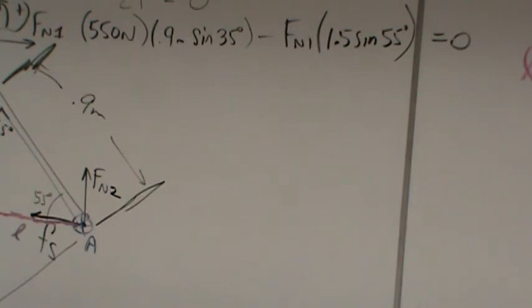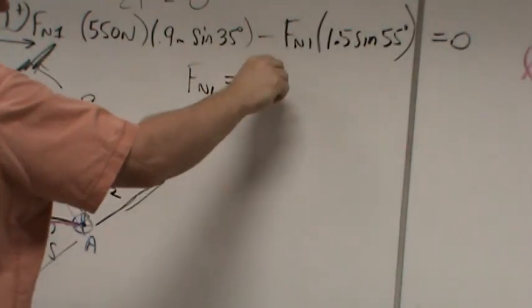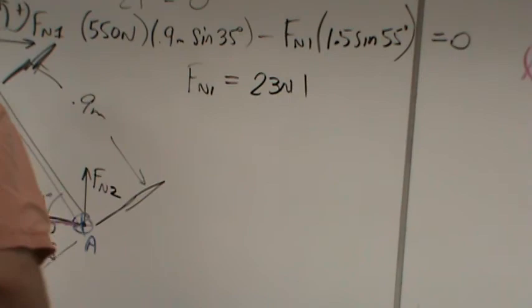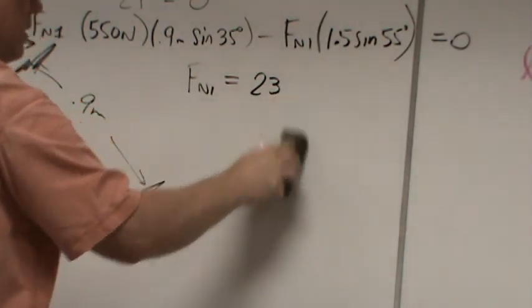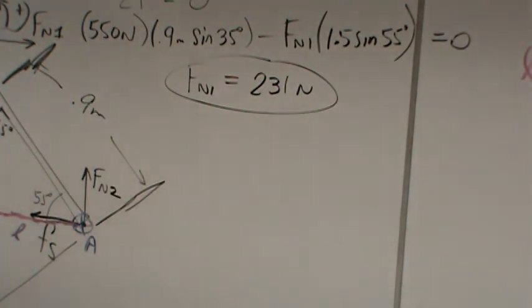Just make sure every angle is the angle between the force and the lever, you know? And so just trust me, I get this ends up equaling 231 newtons. Whoops. 231 newtons. Okay?